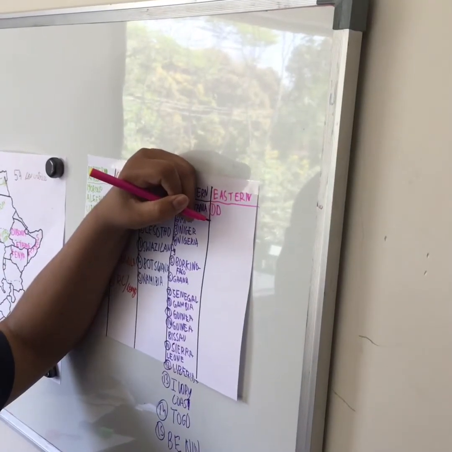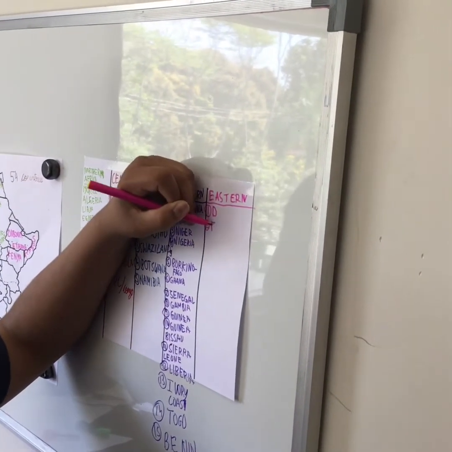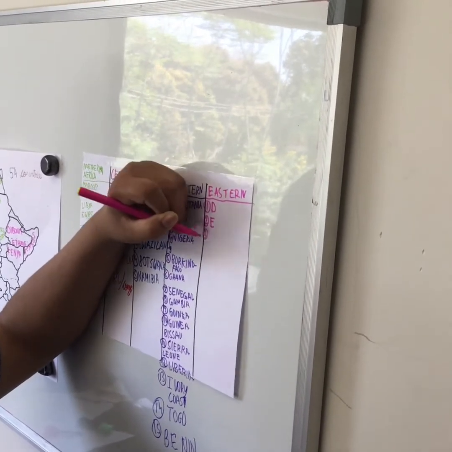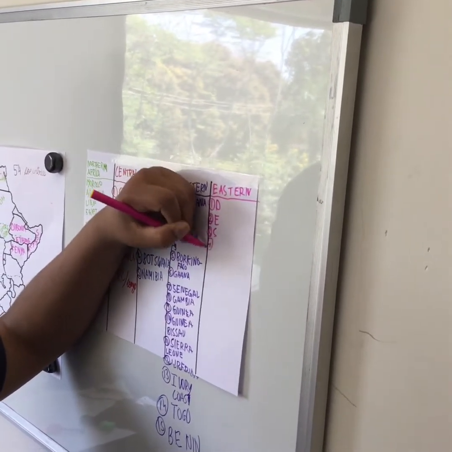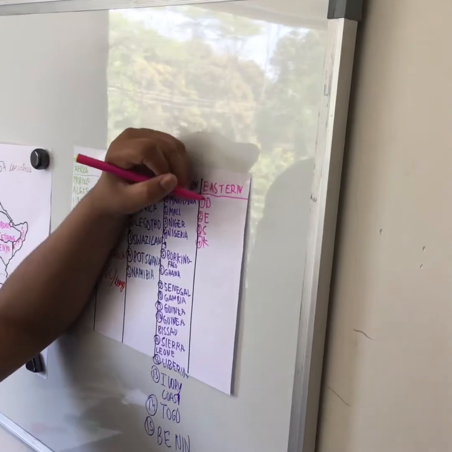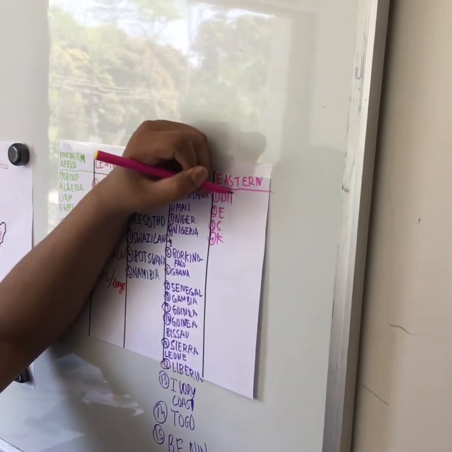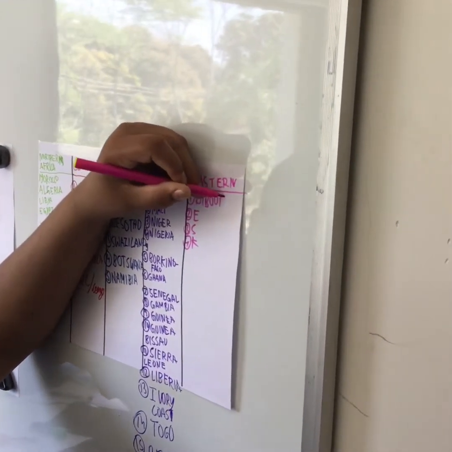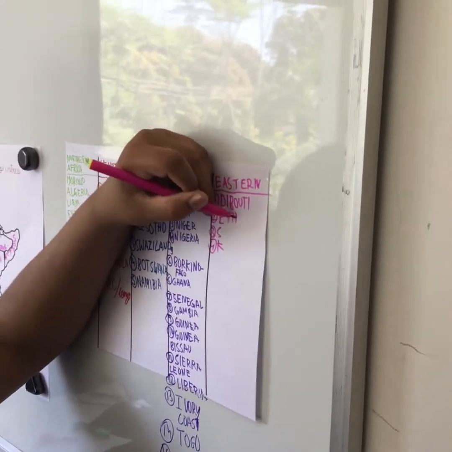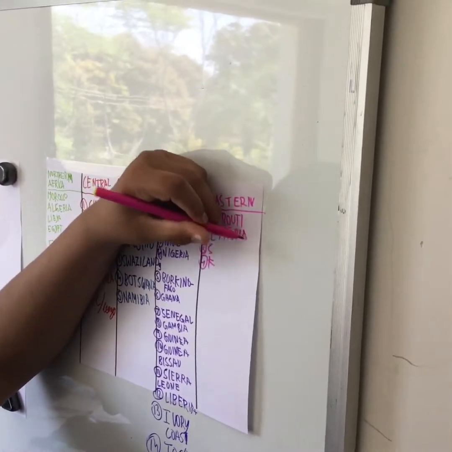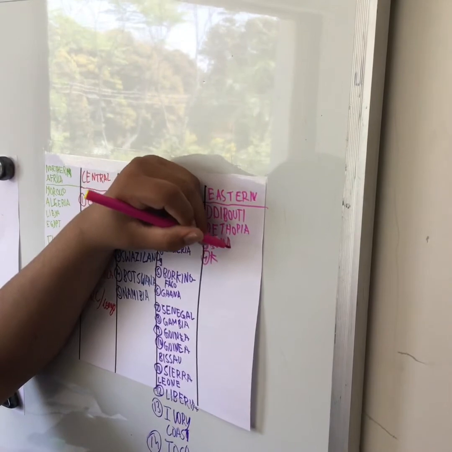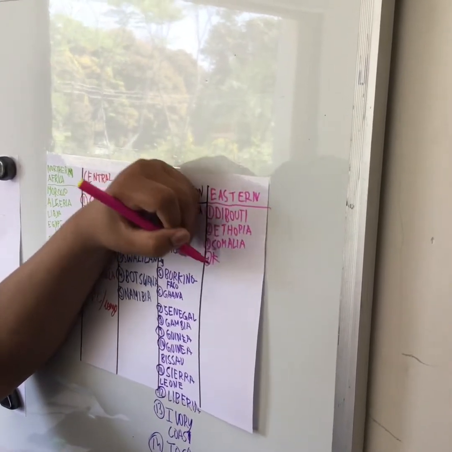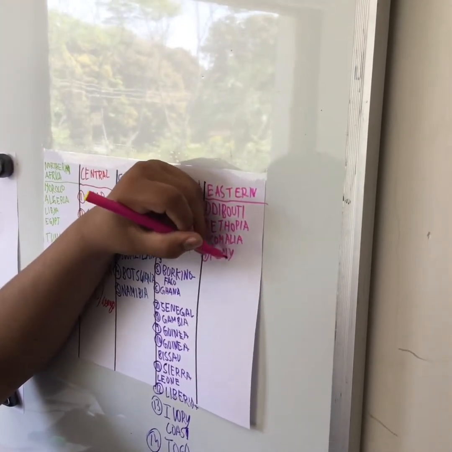These can be learned from the word desk, which is D-E-S-K. So the D is for Djibouti, the E is for Ethiopia, the S is for Somalia, this is the Horn, K is for Kenya.